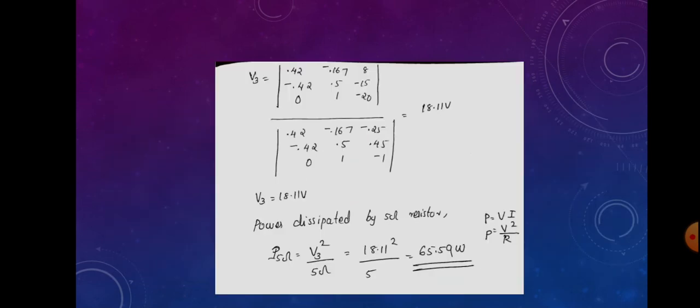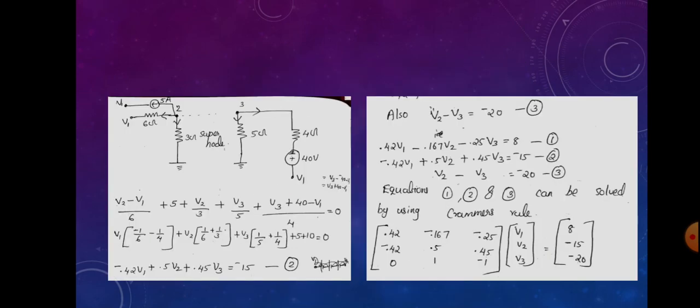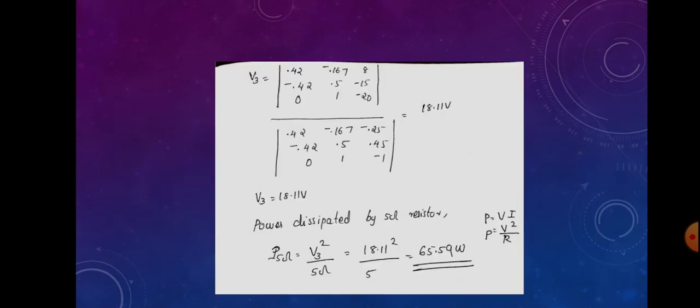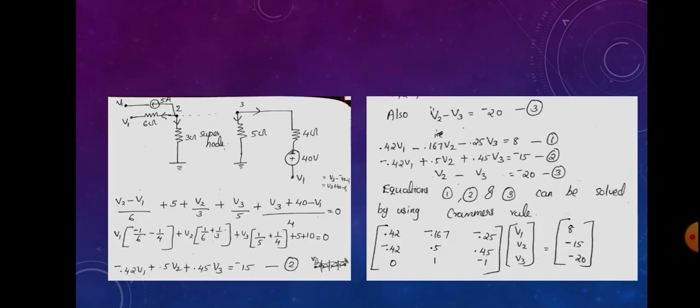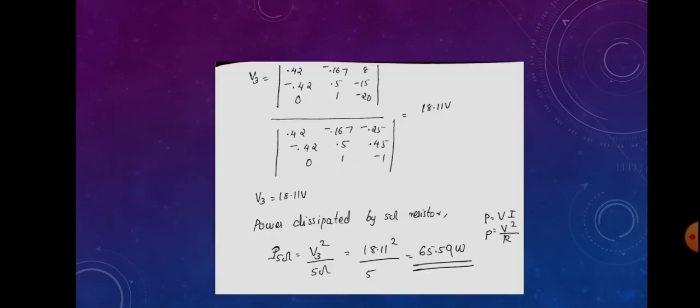There is no need to find each and every voltage. We need to find only one voltage, V3, in order to find the power dissipated by the 5 ohm resistor. So V3 is obtained by replacing the third column of the coefficient matrix by 8, minus 15, minus 20. So we got V3 like this, and V3 will be equal to 18.11 volt.